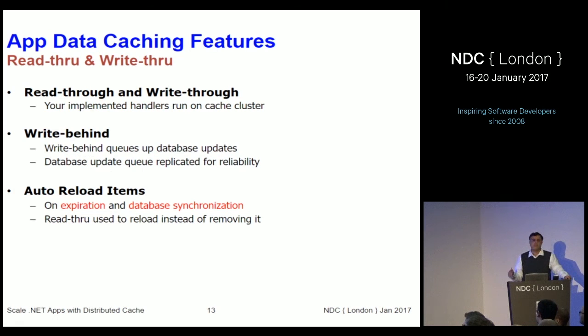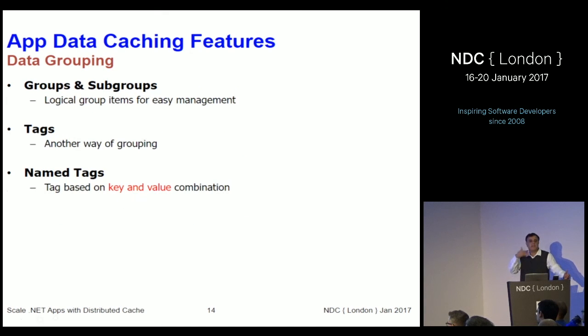So the cache can no longer be just a key value pair. Because even though that's how the cache is underneath, if that remained as the only way to access the cache, your applications would become much more difficult. So the cache has to start behaving more and more like a database.